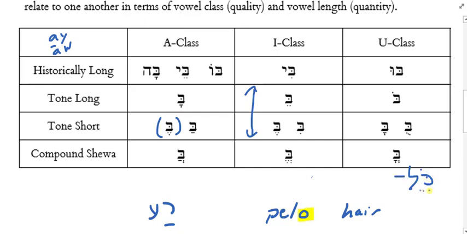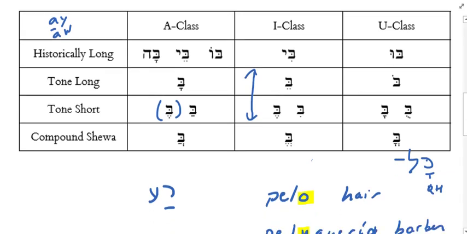If I add a maqqef, then this is going to lose its stress, and it will now be closed and unaccented. So the Holam, being a U-class vowel, has to become short. So what do I get? Well, I'm going to get one of these short U-class vowels here. And in this case, it actually becomes kol with the Kametz Qatuf. So that's just an example.